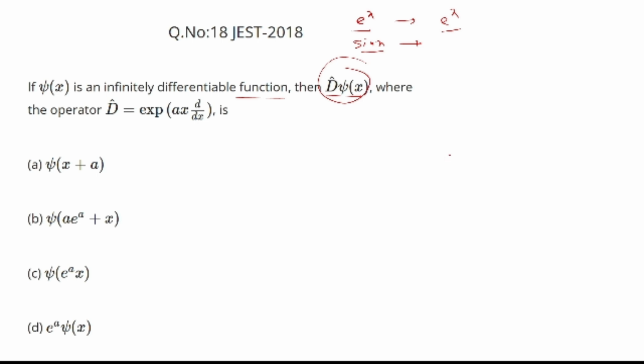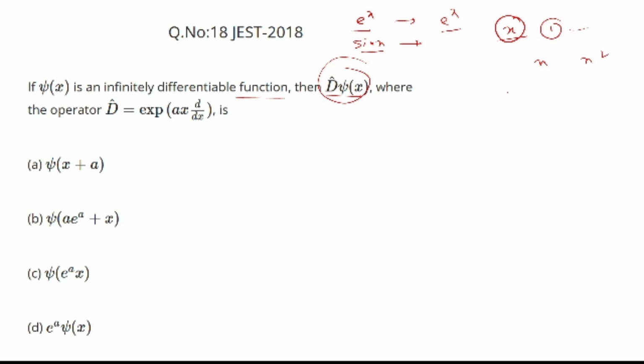Another thing is the normal polynomial of x, like x. If we take the derivative of x, it gives 1. If we take the derivative of 1, it gives 0, and the derivative of 0 gives 0. So it is also an infinitely differentiable function. In general we can take e to the power x also here, but for simple calculation we take polynomials like x or x square.